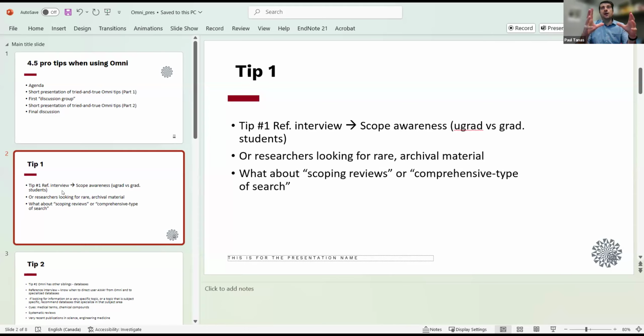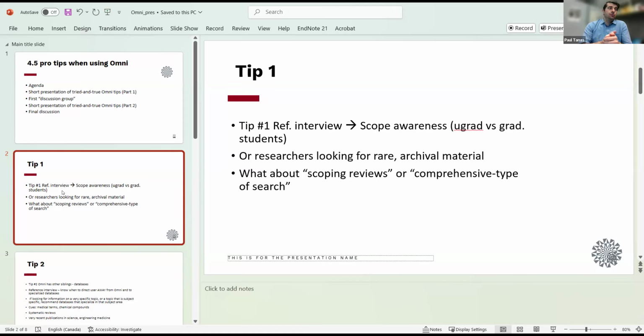So our mandate within the University of Ottawa Library is to teach research fundamentals: search strategy, how to come up with a research question, how to make the most of the library resources. In theory, this series of workshops is dedicated to freshmen, first year to second year undergrads.